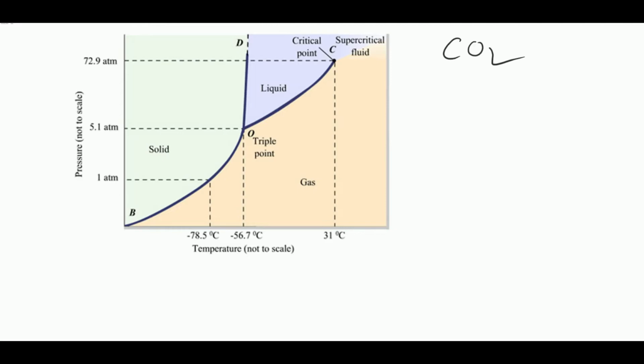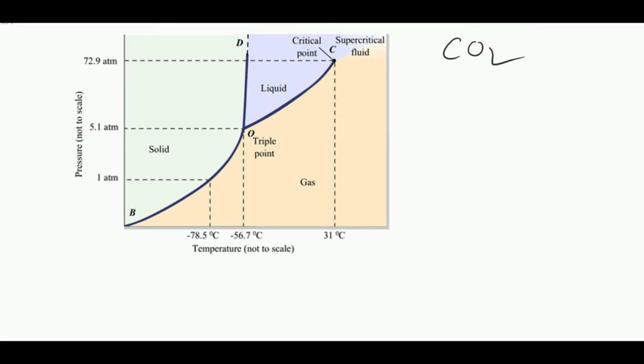Why phase diagram has such a vast importance? Because phase diagram can be helpful to find out the melting point of that substance, the boiling point of that substance, the transition point, the triple point and also the critical point of that substance.